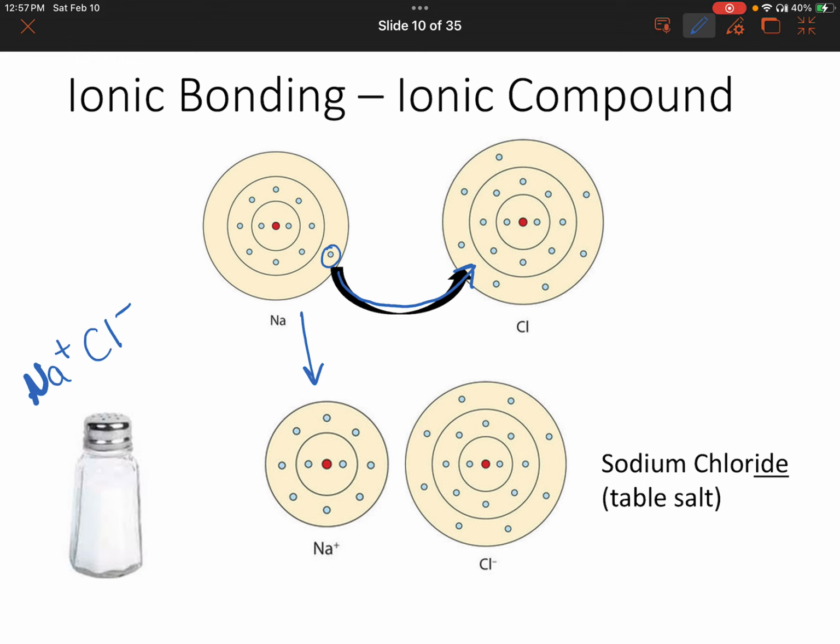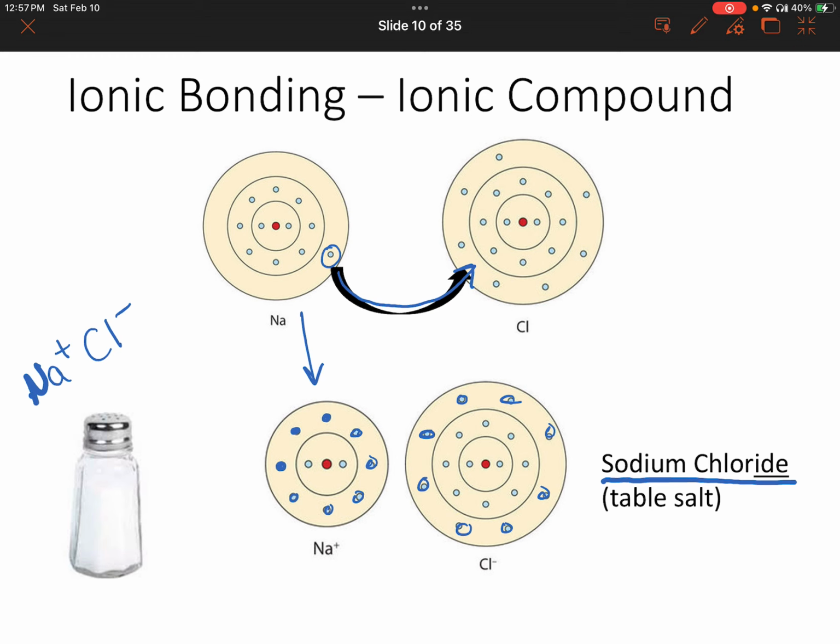They both have 1, 2, 3, 4, 5, 6, 7, 8 valence electrons in their ionic forms. So they end up teaming up together, and we get the compound sodium chloride, which again is just table salt.